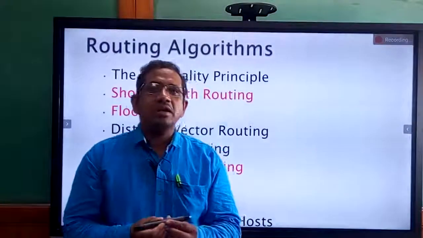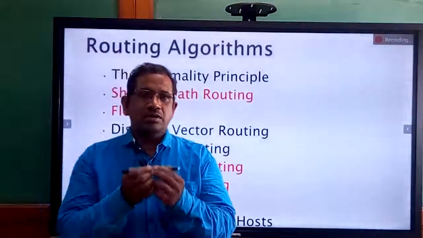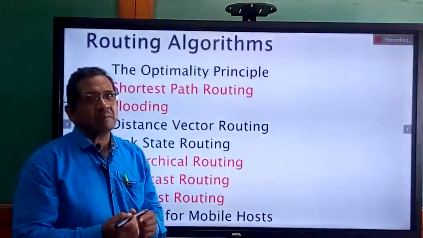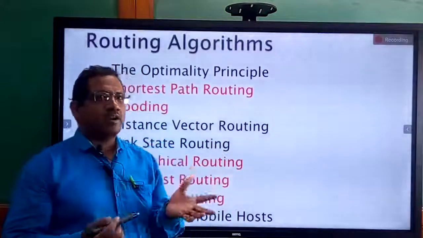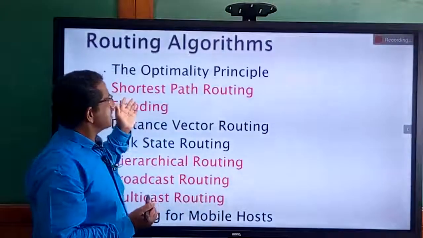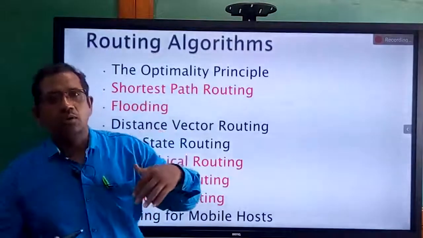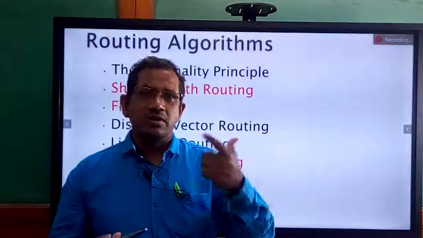Now what are the criteria on which the router finds out the shortest path? Obviously the first point is distance. The distance taken for a packet to travel from one node or router to another router is one of the criteria.